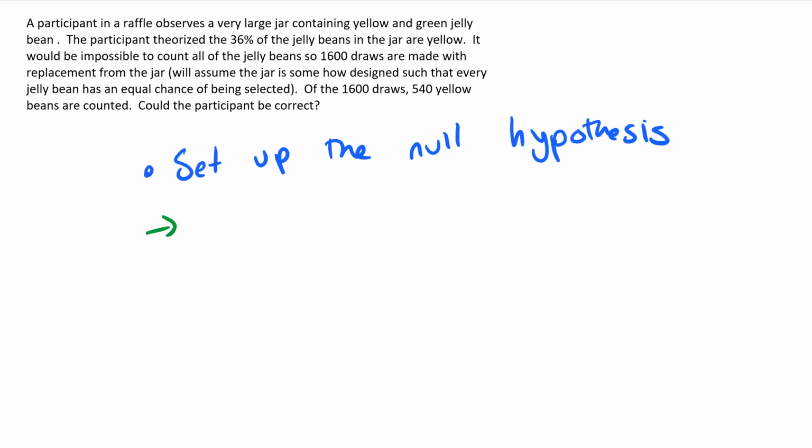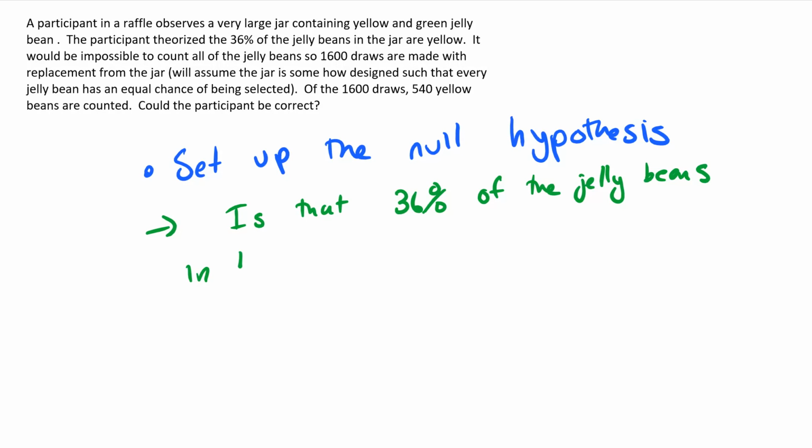So the null hypothesis is what they believe to be true. So the null hypothesis is that 36% of the jelly beans in the jar are in fact yellow.